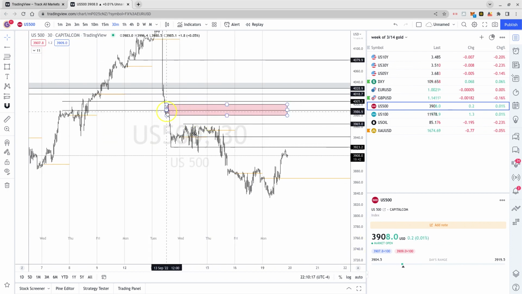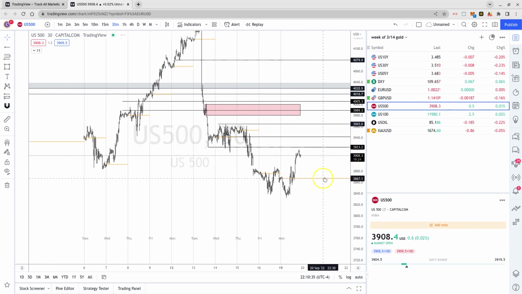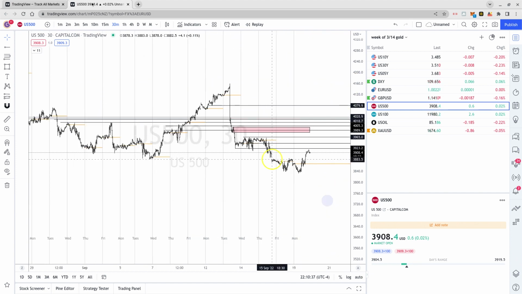So here's an example where we have a PD array resting, where this range here rests below the true OB. So it would be ideal to see price trade into that area. Right, so I can see this is Monday, maybe Tuesday we trade into here, and then Wednesday reverse. It's just my anticipation.